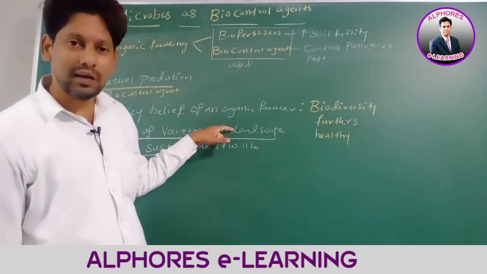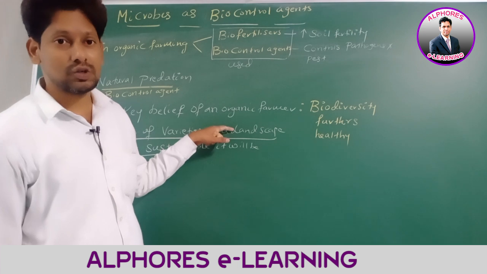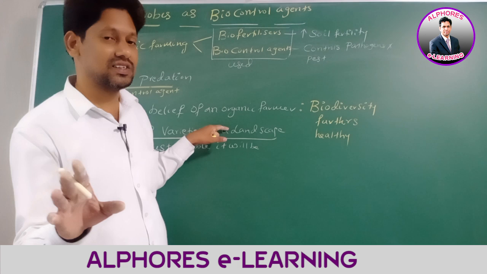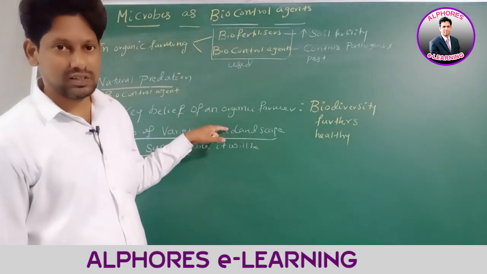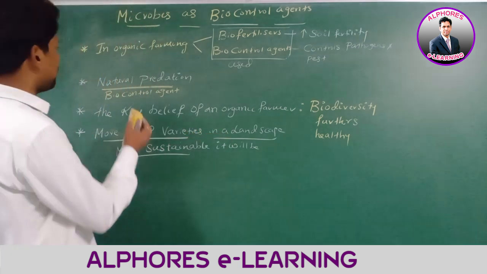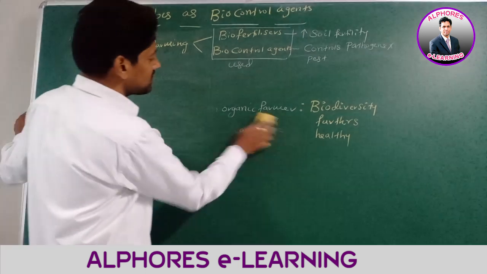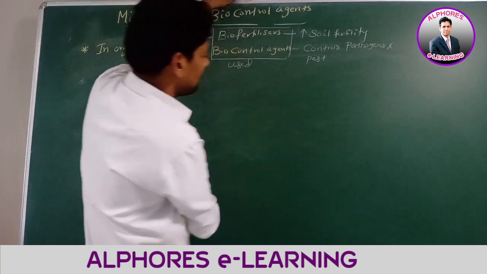If you use a chemical, not only harmful insects, but also useful insects are killed. Is this statement clear? Therefore, in which farming? In conventional farming. Conventional farming means we are using what, sir? Chemicals.